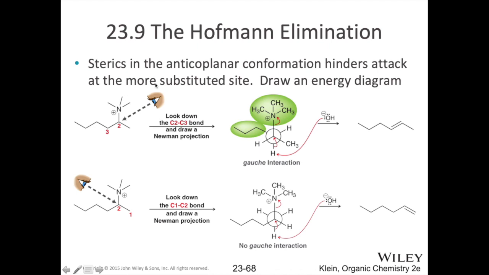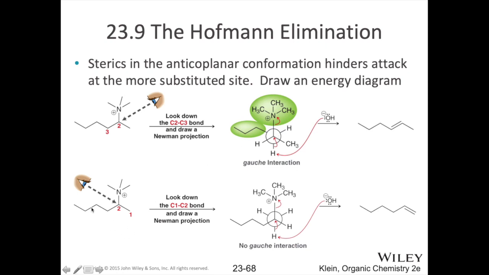Over here, if we were looking down at this bond and looking at the hydrogens on this carbon that would yield the Zaitsev product, if we look at our anti-periplanar or anti-coplanar proton that would be required to be removed to do this E2 elimination, that bulky alkyl group that forms the rest of the molecule has a gauche interaction with that bulky ammonium ion, right? And that's just less favorable.